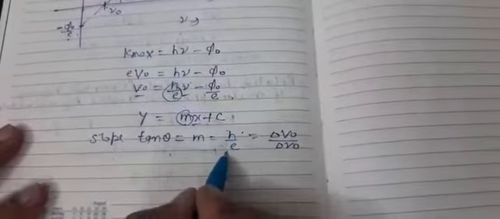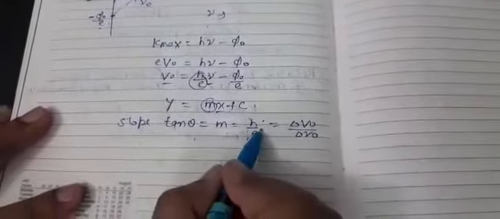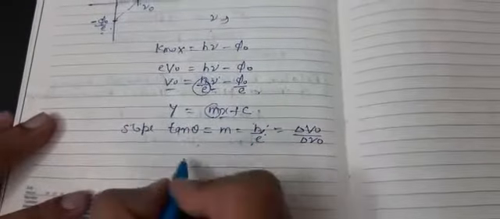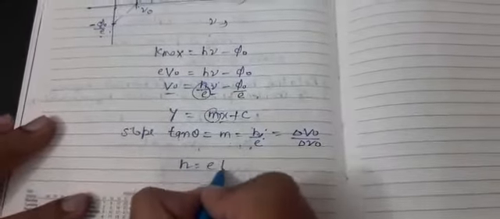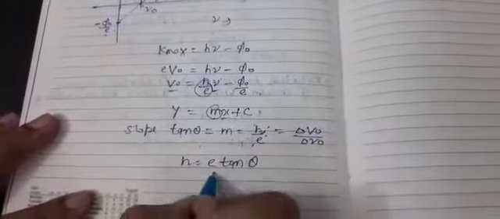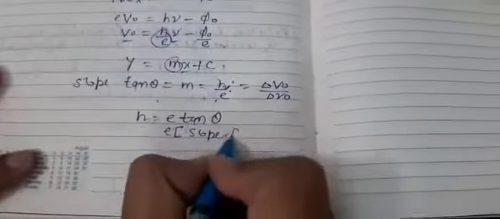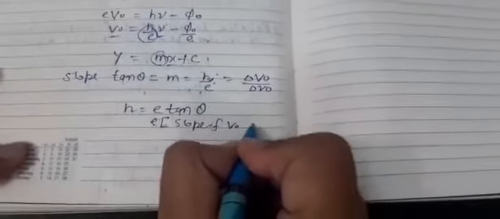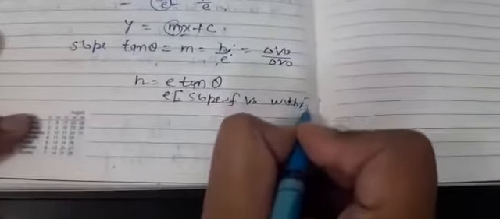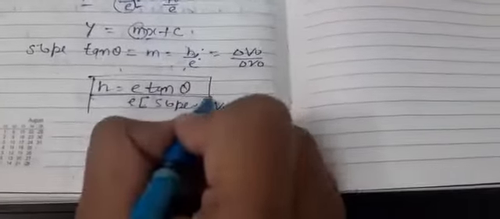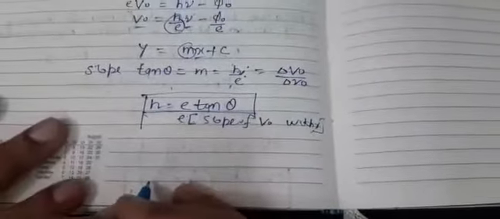And from this slope, if we want to calculate the value of h, that is Planck's constant, तो h क्या हो जाएगा, e into tangent theta. That is e into slope of V naught with nu. So this is how we can calculate this Planck's constant value.